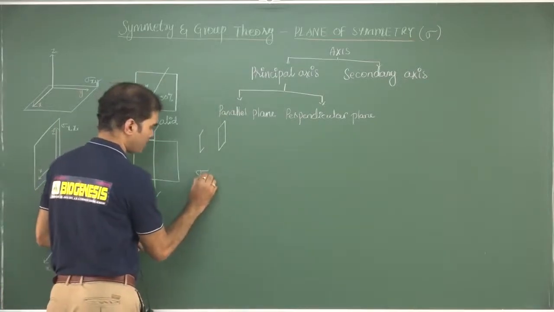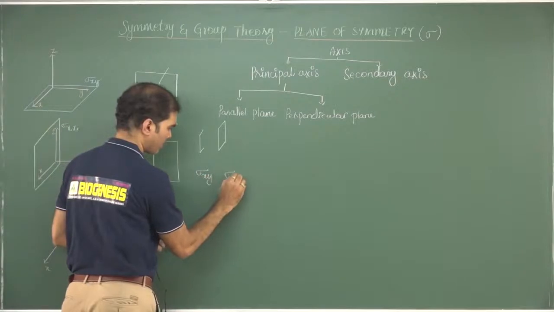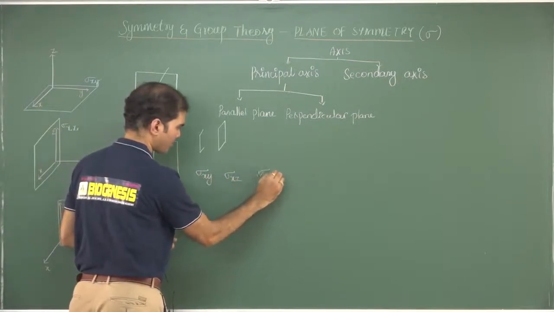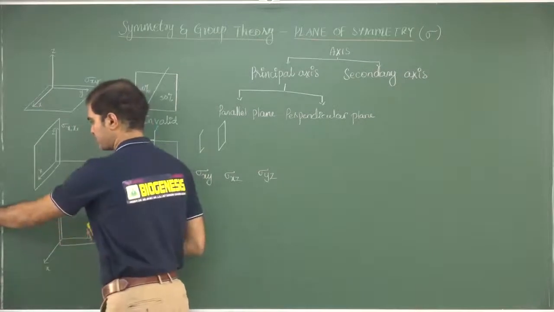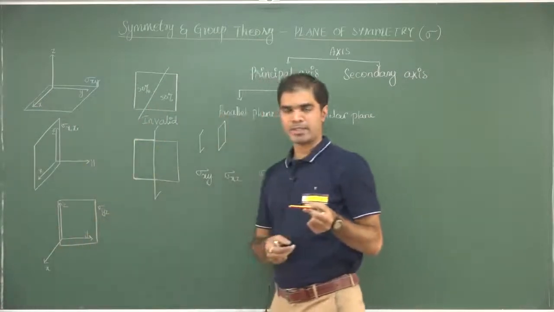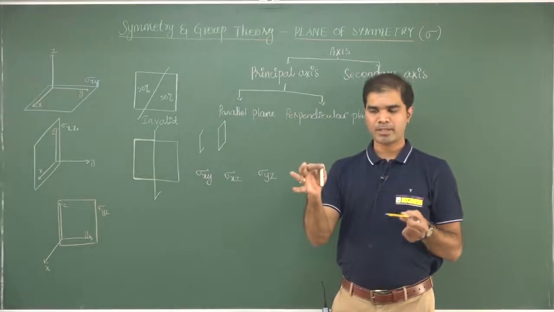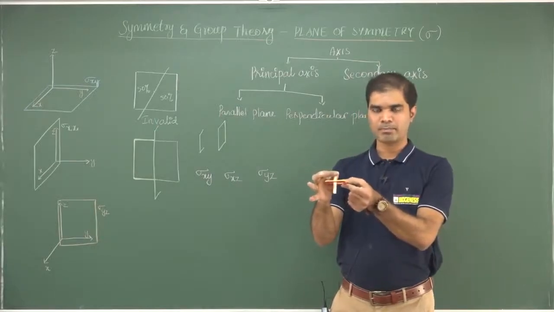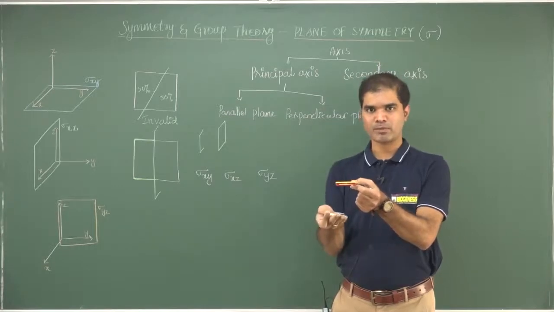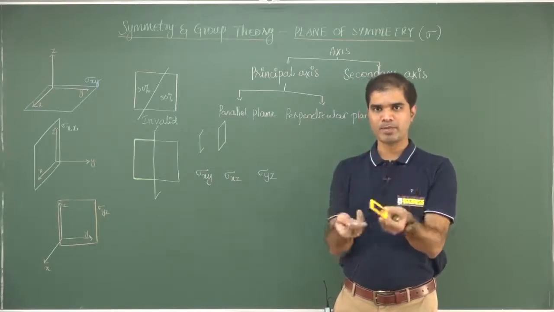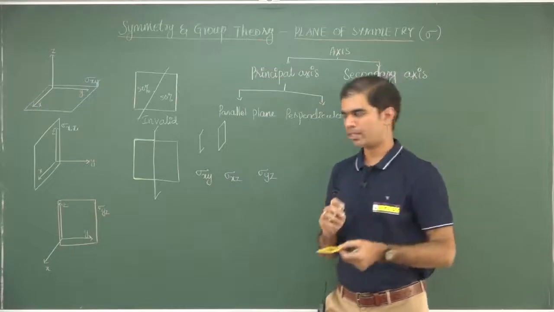Suppose that I choose sigma xy, sigma xz and sigma yz. For sigma xy, I have chosen some entity, now I am passing a plane. As I pass the plane, you can just watch the above half will reflect into the below half, and below into above. So above and below exchange with one another.